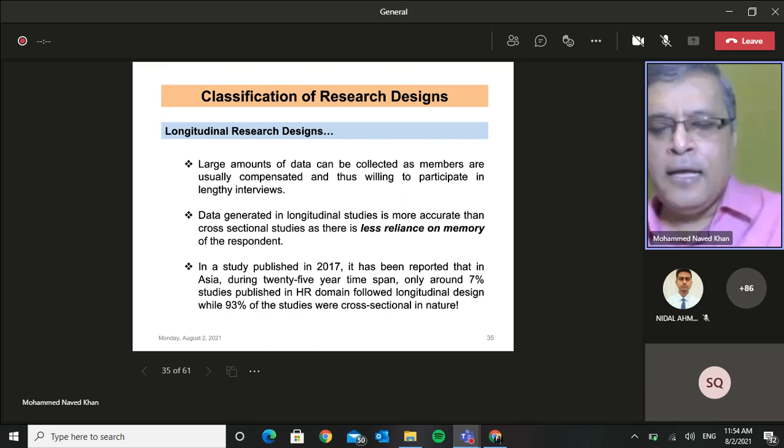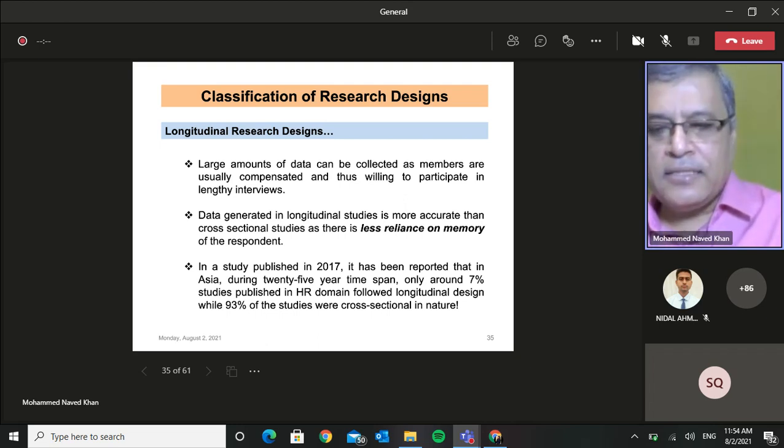Liberties in the sense that they can be approached with slightly lengthy questionnaires. Your questionnaire may run into 10 pages, but because this person or group has agreed to be part of your panel and is willing to provide responses, you can approach them with even lengthy questionnaires, and large amounts of data can be collected by you as a researcher.